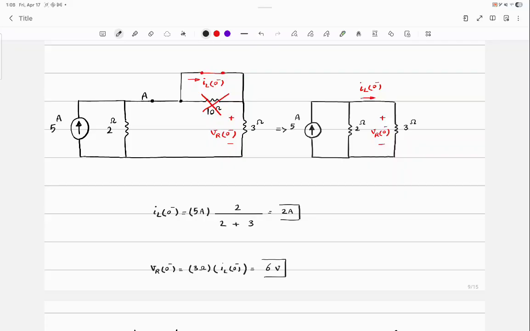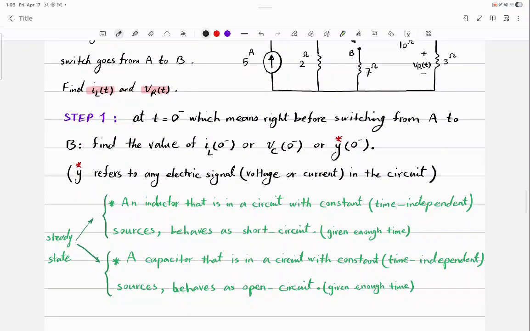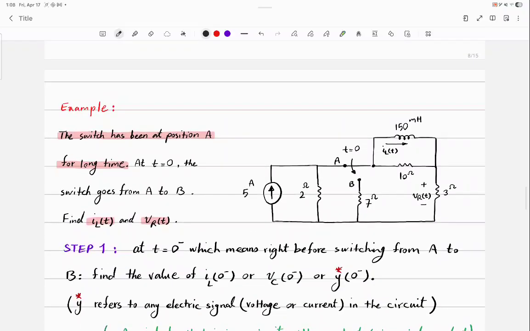Let's go to the second step, which is analyzing the circuit at t equals 0 positive.